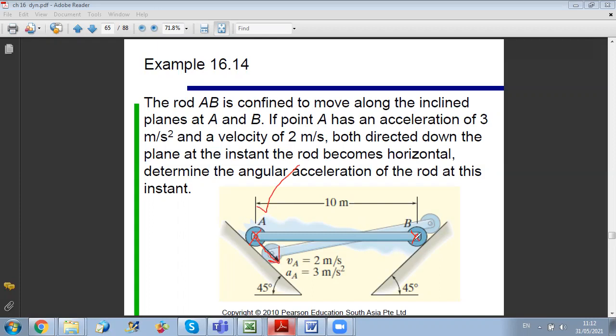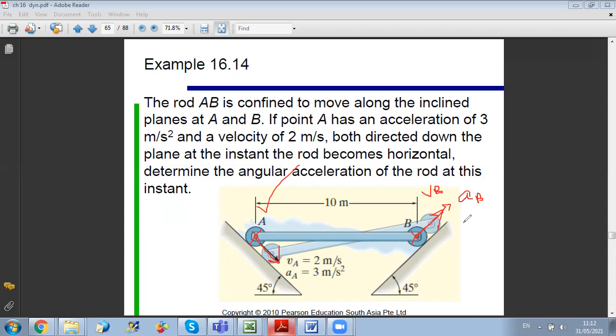For B, what we can see from the figure is that B is moving on a straight line. So since A will move down, B will move up. So we can be sure that VB will be upward. And let us assume that AB is upward also, and from the sign, we can determine if AB is negative or positive.